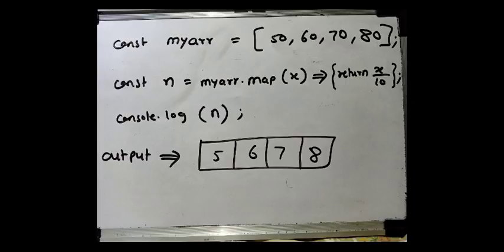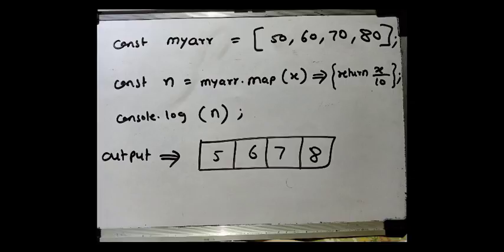Here I have used a map function. First an array is created, const myArray 50, 60, 70, 80. Then I use the map function, and I have given argument x such that return x by 10. The map function also takes x, and x represents every value of myArray.